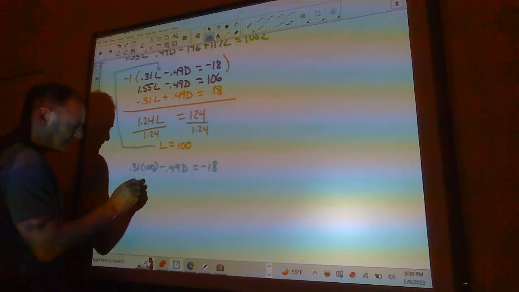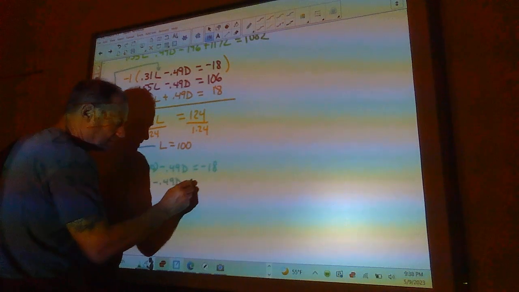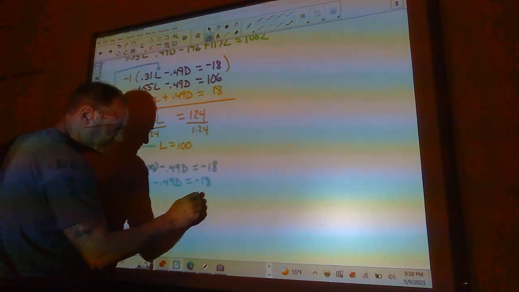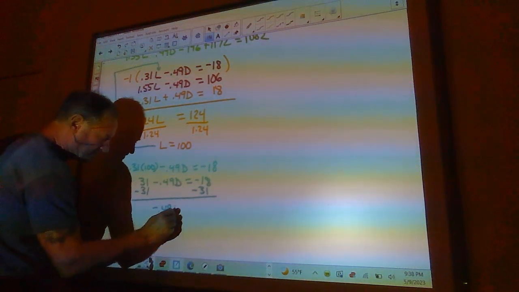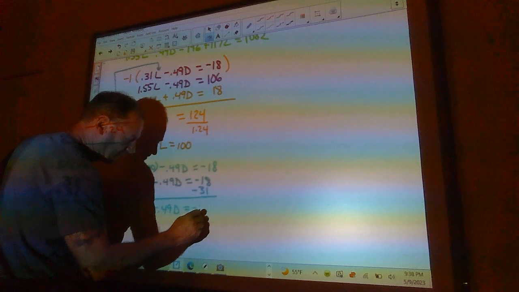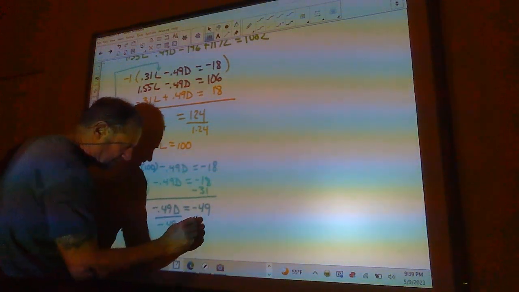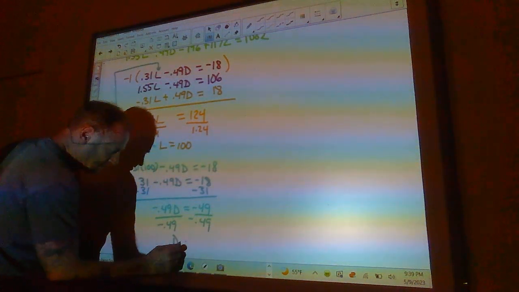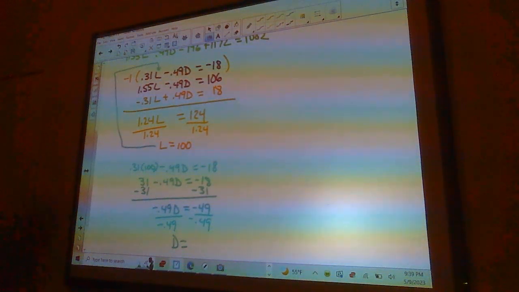So this is actually 31 minus 0.49D is negative 18. I'm going to subtract 31 from both sides. Now this is convenient. Negative 0.49D is going to equal negative 49. And so when I divide by negative 0.49, D is going to come out to be 100. Okay.